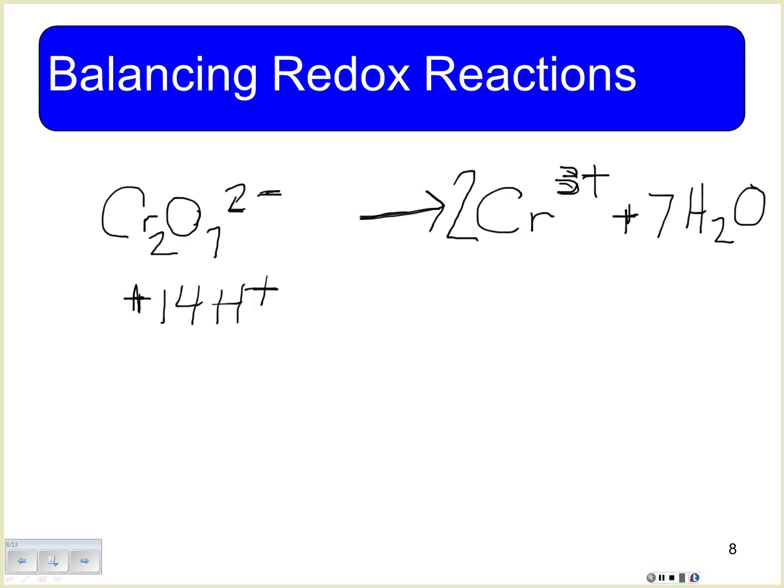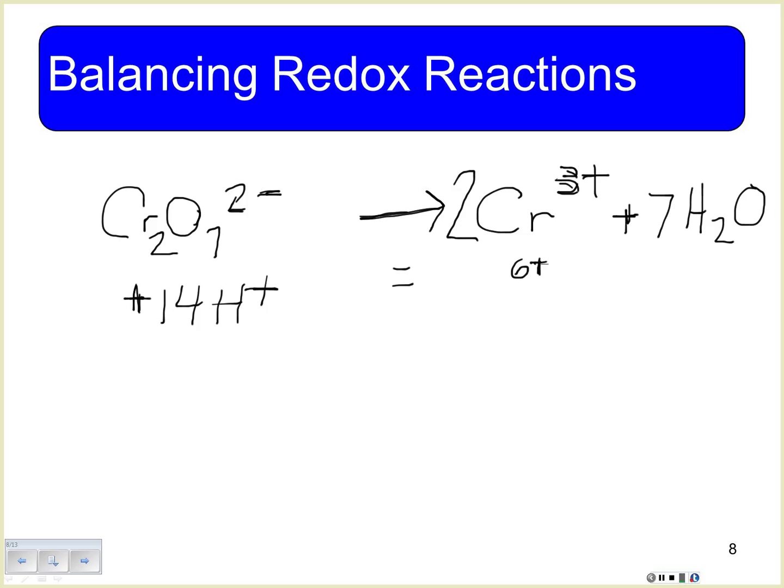Okay, so let's start with the product side. What's our total charge on the right side? Okay, coefficient times charge, that's a 3, 6. And then do we have charge on water? It's neutral, so it's 6 plus. I'm just going to write that under here. Okay.